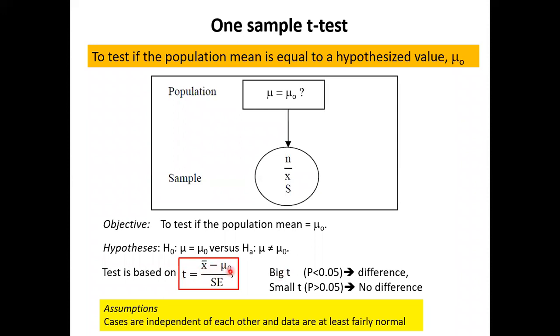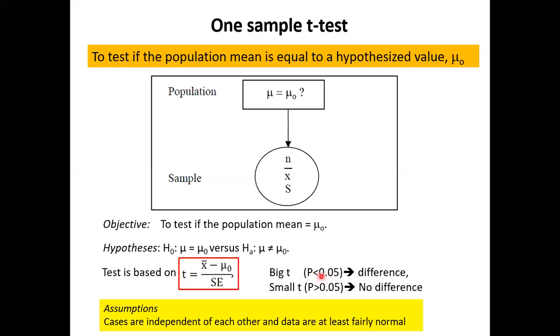We've seen the standard normal distribution: center 0, plus or minus 1 standard deviation, 2 standard deviations, 3 standard deviations. You are going to use that principle. So big T: 1, 2, 3. Anything more than 3 is going to be big.